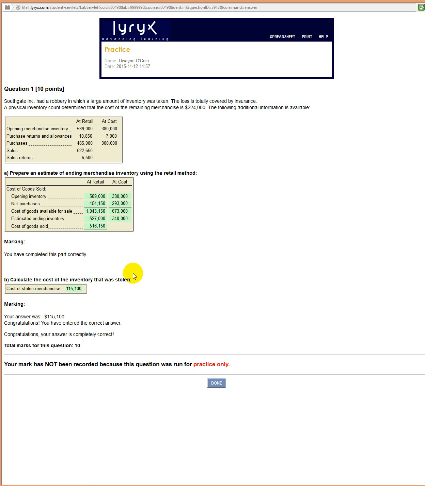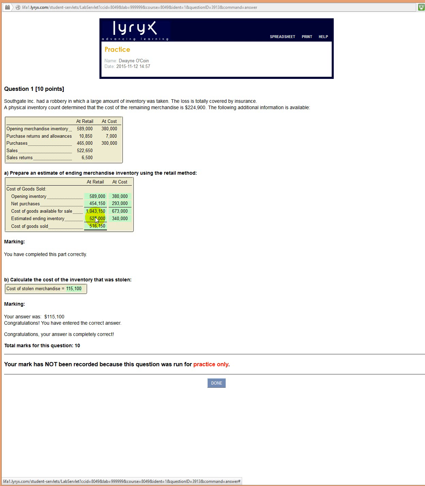Lyrics agrees. So once again, the amount that was stolen is the $340,000 we should have had in inventory minus the $224,900 we actually had. And the way we calculated the $340,000 is shown here. First of all, we had cost of goods available at retail of $1,043.